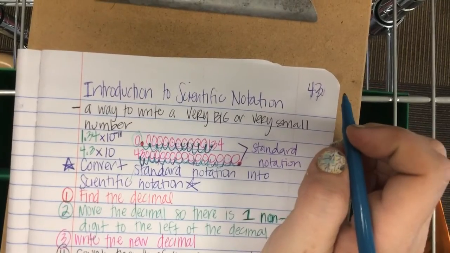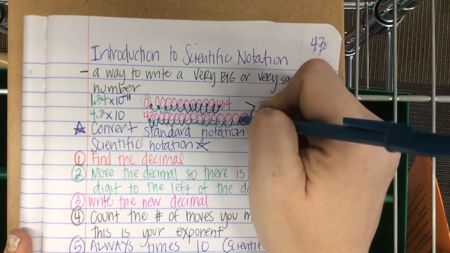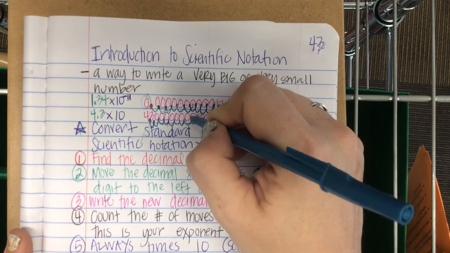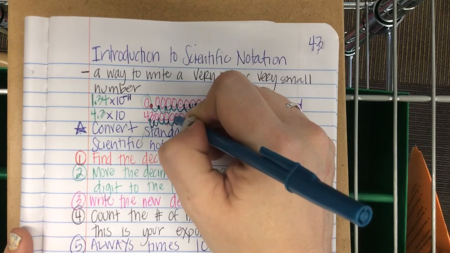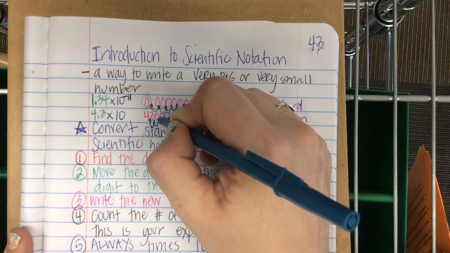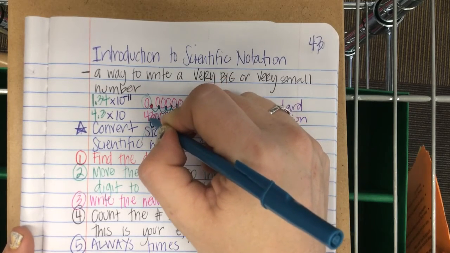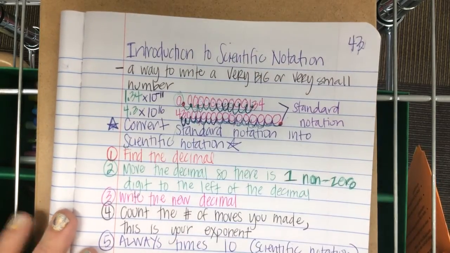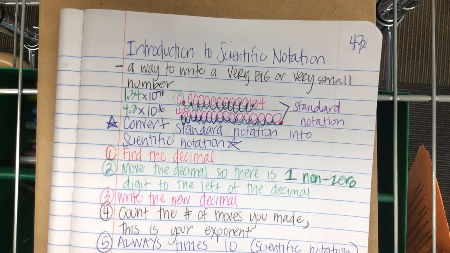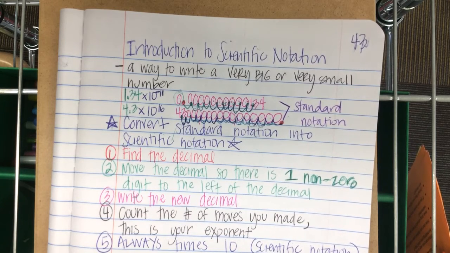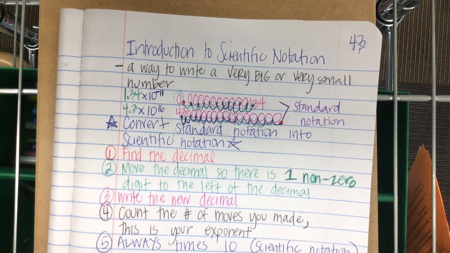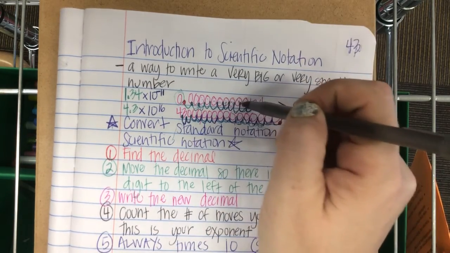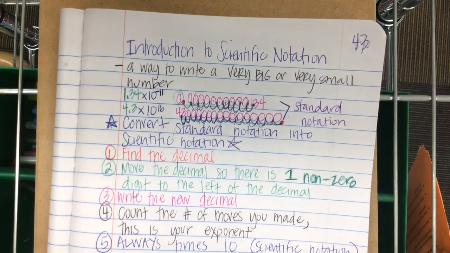Okay, let's count again. 1 through 16. Positive or negative? Because it's a big number, it's a positive 16. Big numbers have big exponents, positive exponents. Little numbers have little exponents, negative exponents.